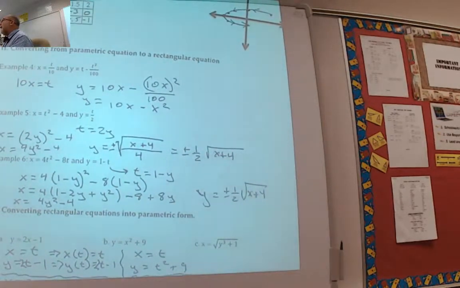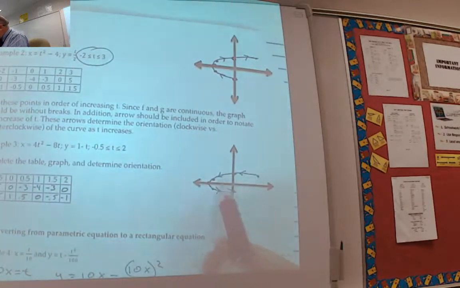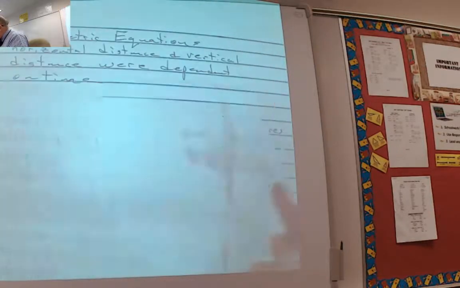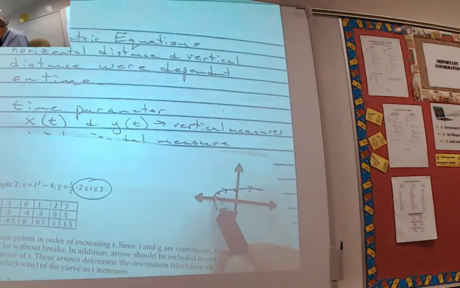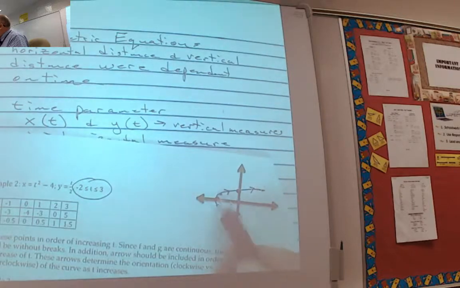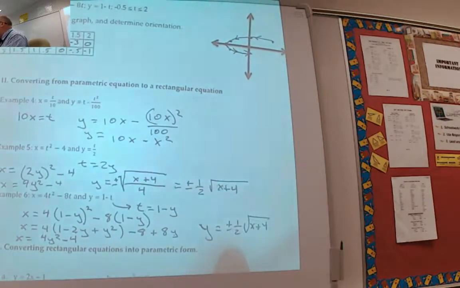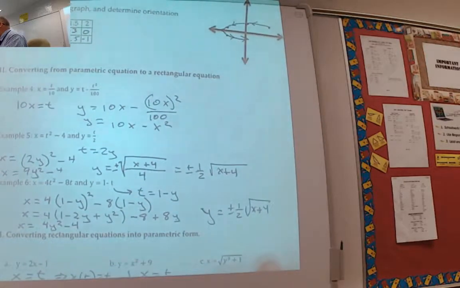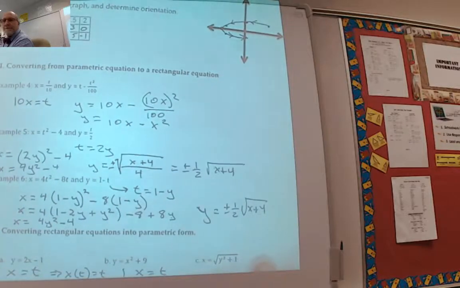What you put in for t will determine what part of your graph you get. Like on this right here, if I would have started here, I would only have gotten that upper portion. I wouldn't have gotten the lower portion. Does that make sense? So when you give me this, I'm assuming whatever t value you want.